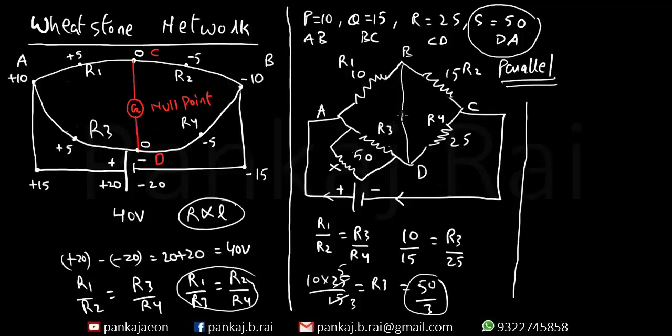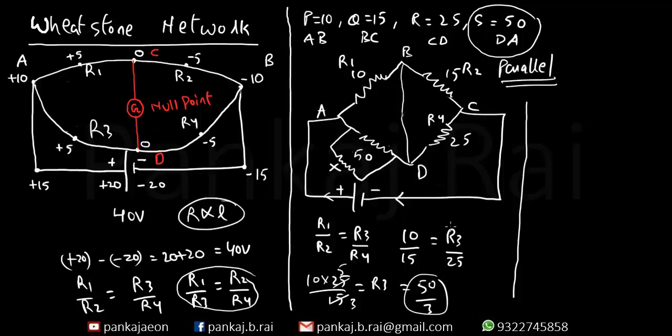Alright. Now first of all, this is not R3, this is 50. Let me just delete the R3 from there to remove any confusion. Now this is 50, this is X. So I have to find out this X, which when connected in parallel with 50 will give me the complete resistance of this arm as 50 by 3, in which case the network will be balanced.